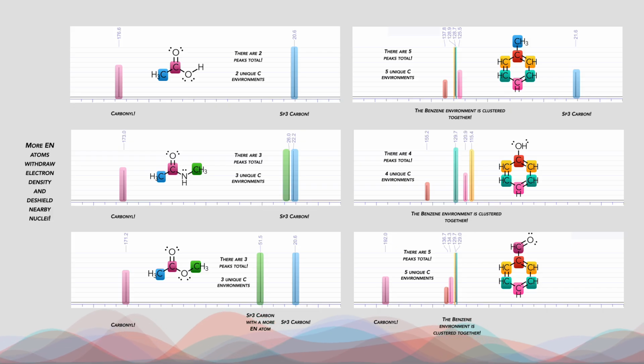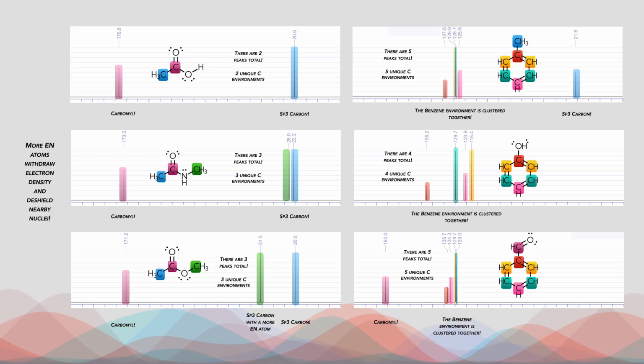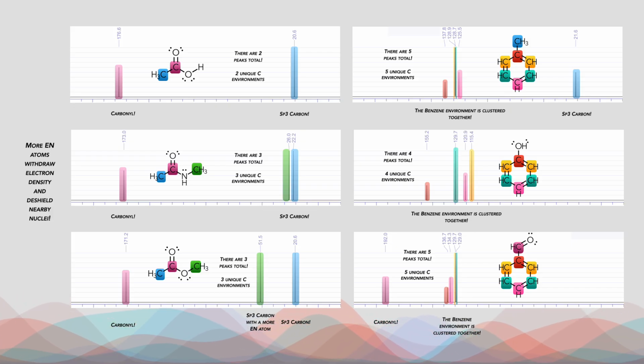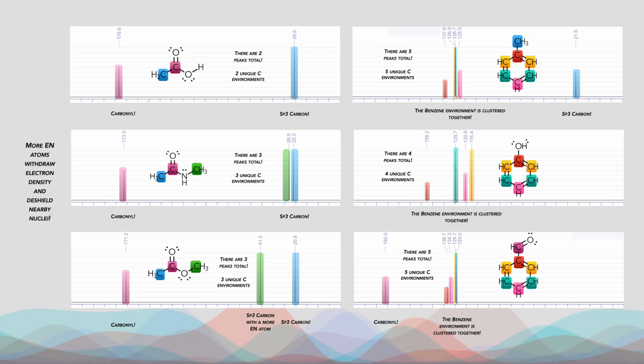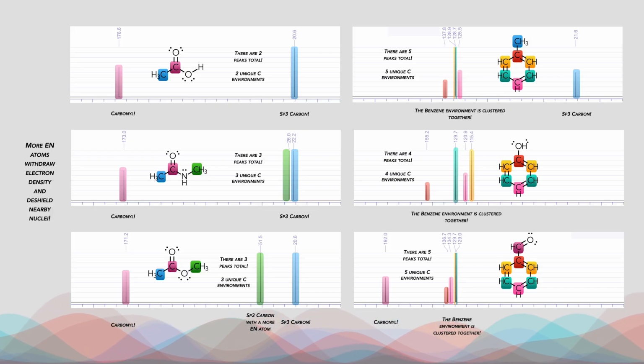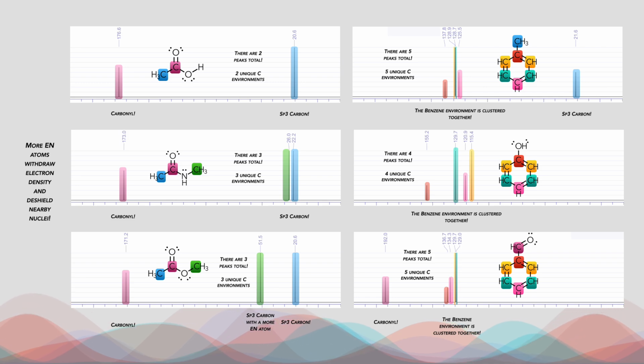Aromatic carbons cluster together in characteristic regions due to aromatic anisotropy and delocalization. sp3 carbons bonded only to carbon and hydrogen appear much further upfield because they are comparatively shielded. sp3 carbons attached to heteroatoms shift somewhat downfield due to inductive withdrawal of electron density.